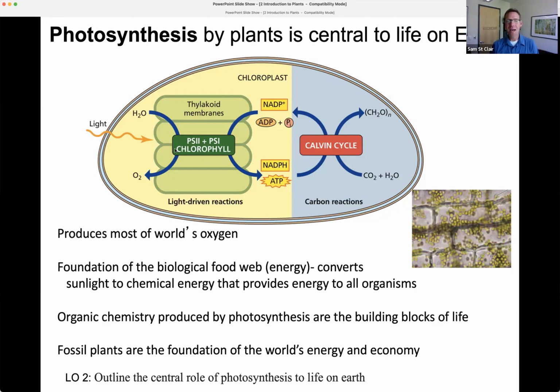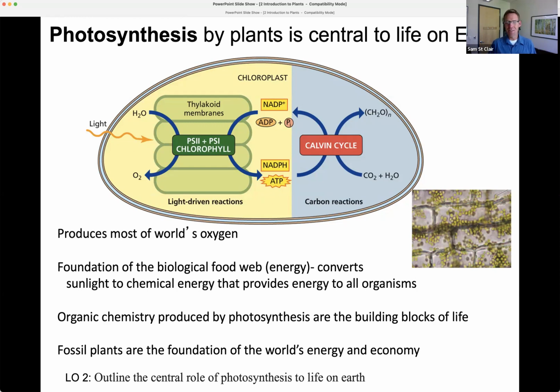As this process happens, water is split and oxygen is produced. So through photosynthesis, plants produce most of the world's oxygen, and 99% of organisms on Earth require oxygen to live. Again, these energy-rich organic sugars that are produced in photosynthesis are the foundation of the biological food web and the energy that all organisms need to survive.